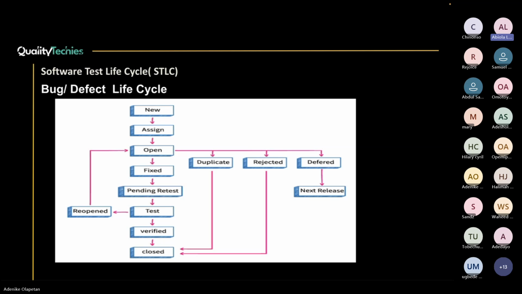That is where the test comes in. After we have tested it again, we verify and we close. That's the first journey, if we have the defect cycle smooth: verified, closed.